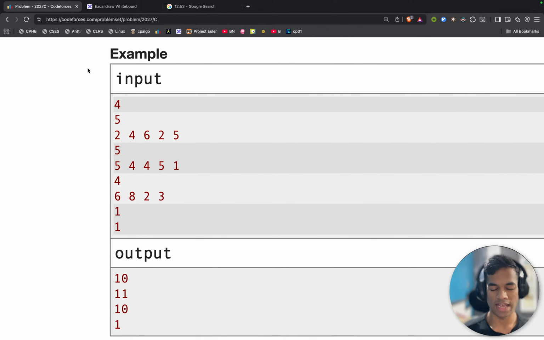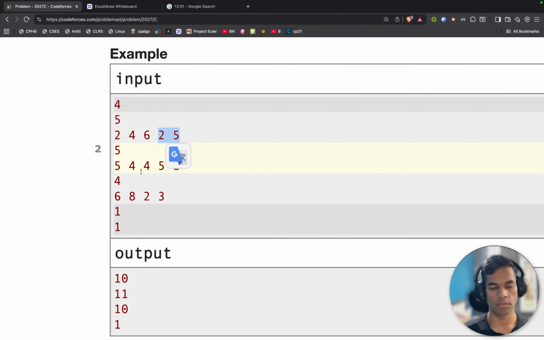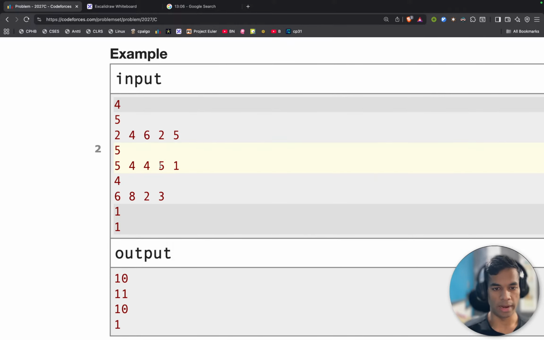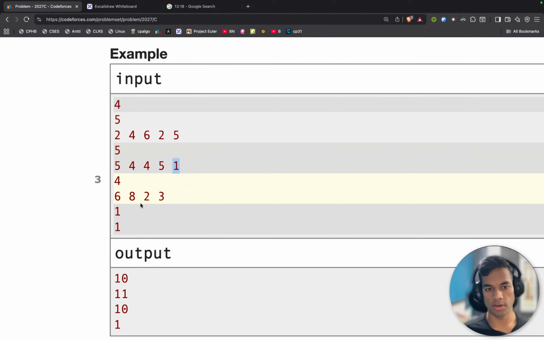Okay, what is the essence of this question? Do we understand the essence of this question? I think yes. There is only one operation which we can apply on any given number in any order. If we do apply the operation on a particular number, how does that change the whole vector?